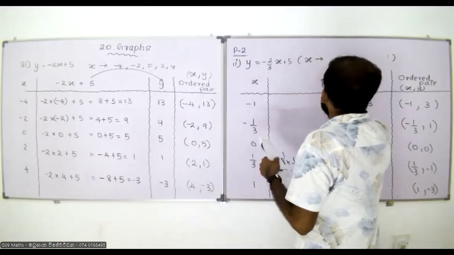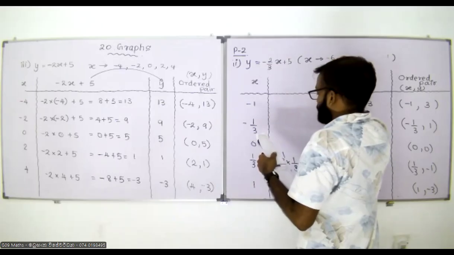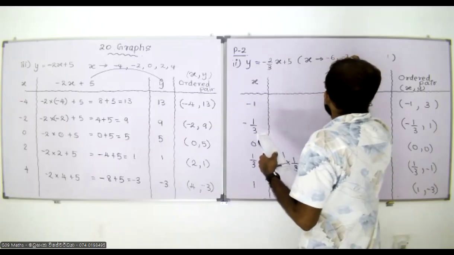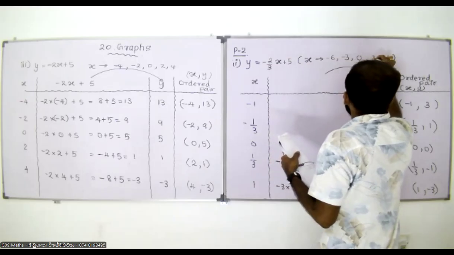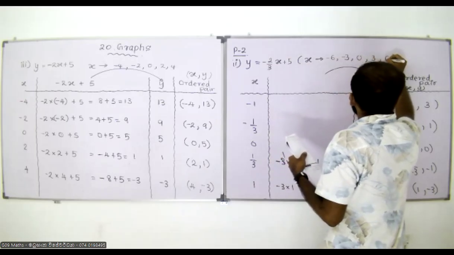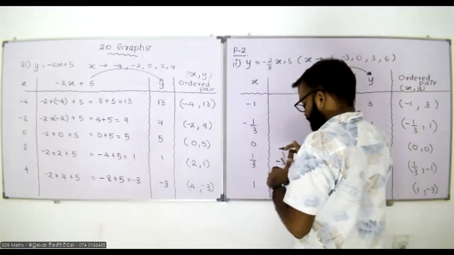X coordinates are negative 6, negative 3, 0, 3, 6.